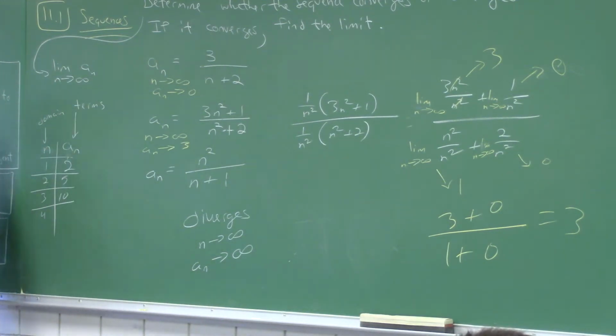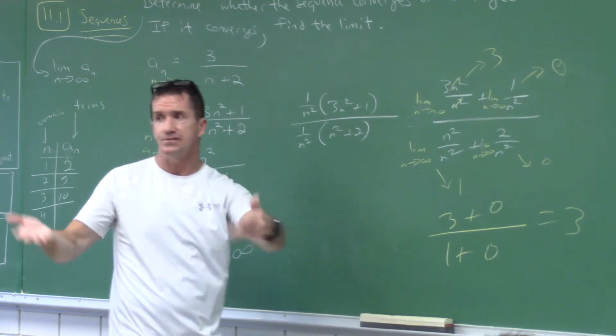I know it takes a while to copy all that. That's what you'd see in the actual solution manual for that problem. Can you multiply 1 over n over 1 over n to any of these? Sure. Can you do 1 over n to the 3 halves over 1 over n to the 3 halves?